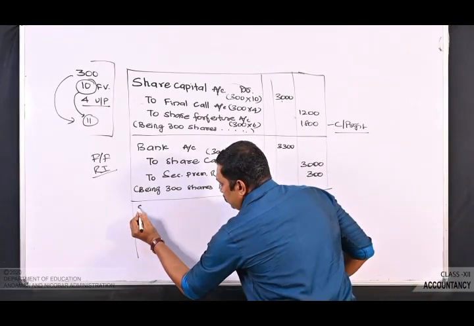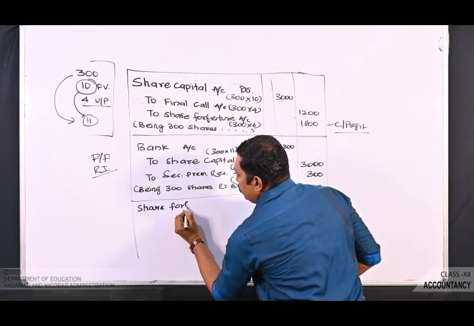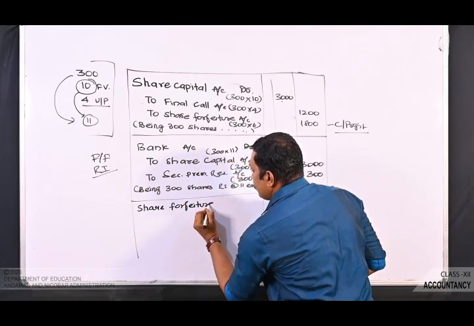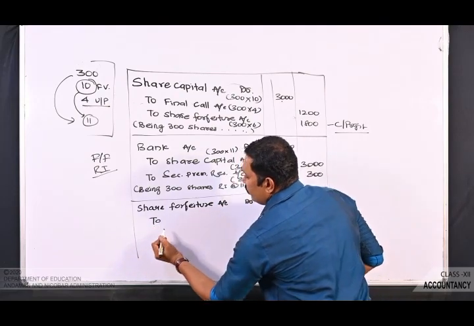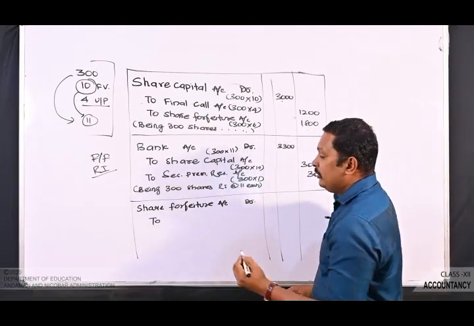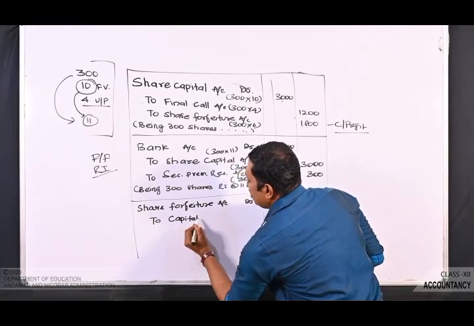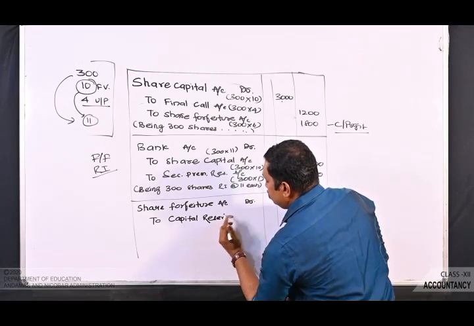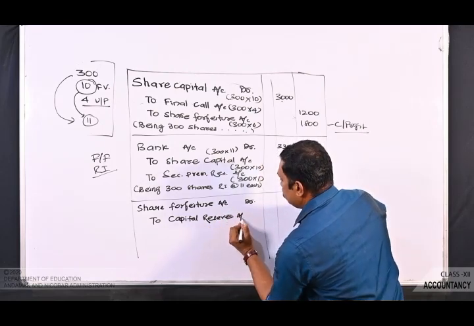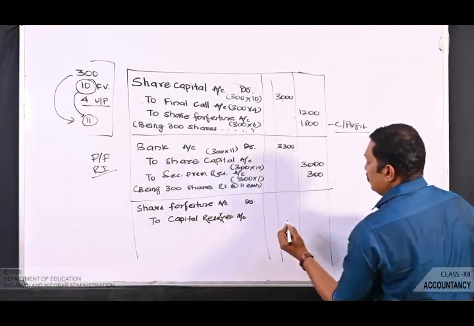Lastly, we have to transfer share forfeiture account debit. To which account do we have to transfer? To capital reserve account.